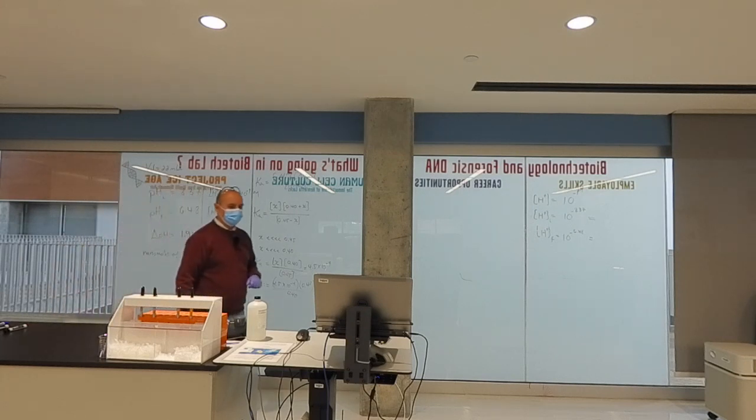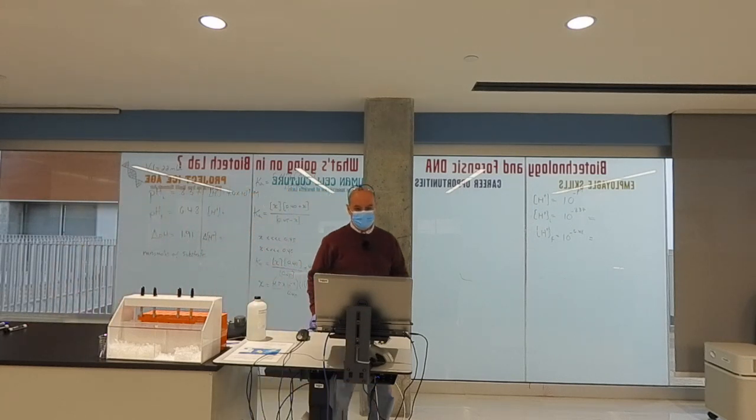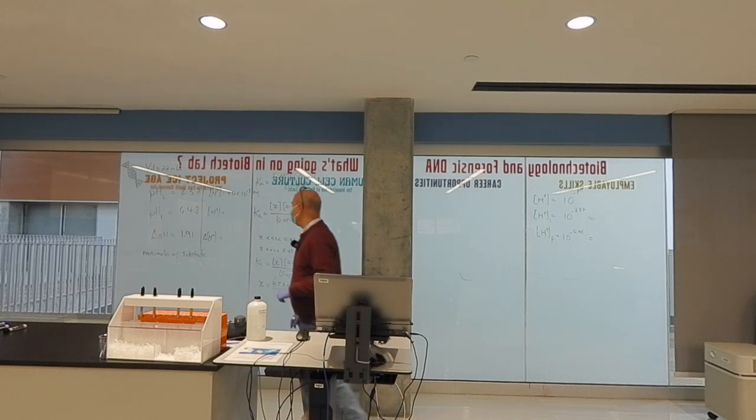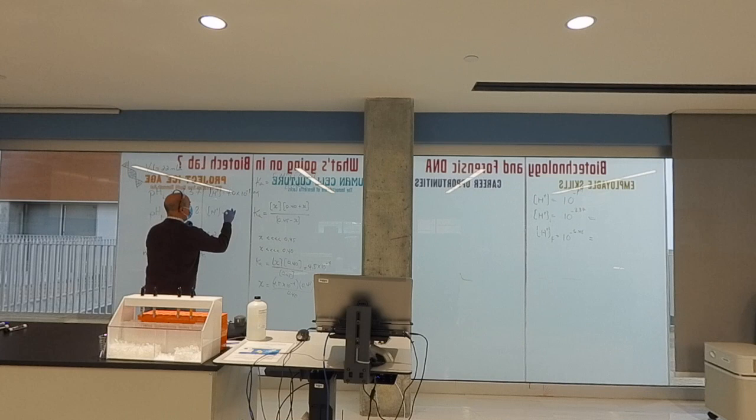What do you guys get? 10 to the negative 6.48. 3.3 times 10 to the negative 7?